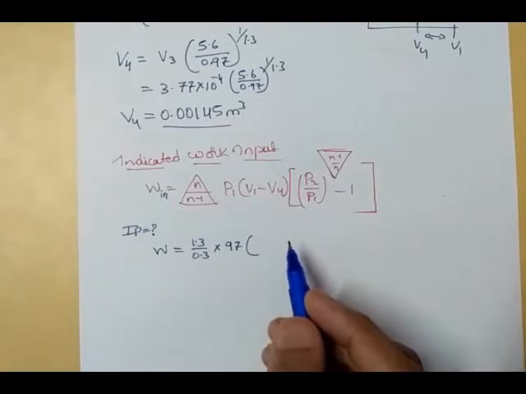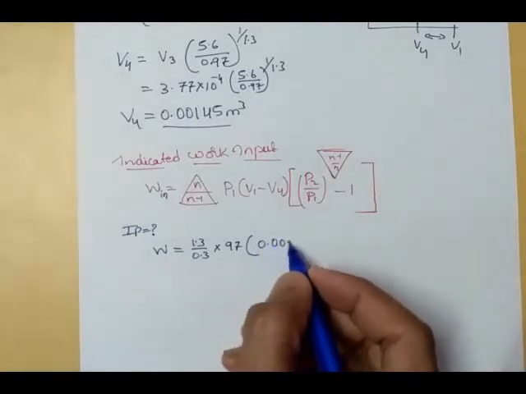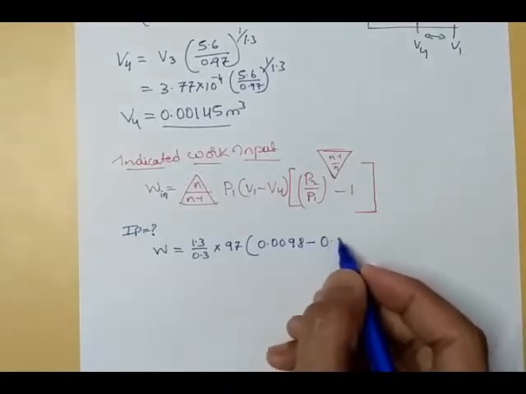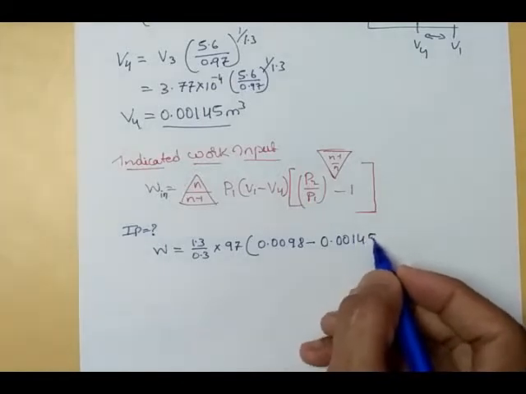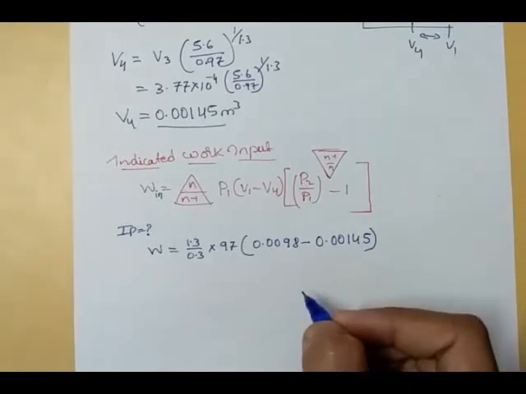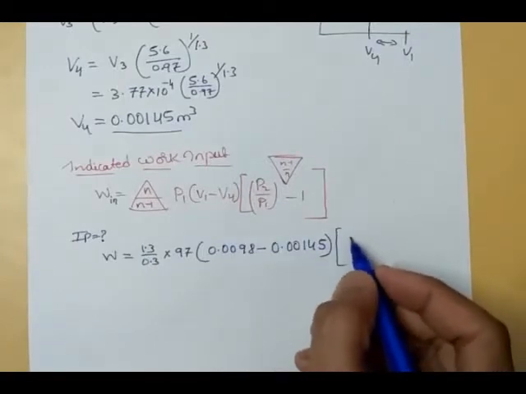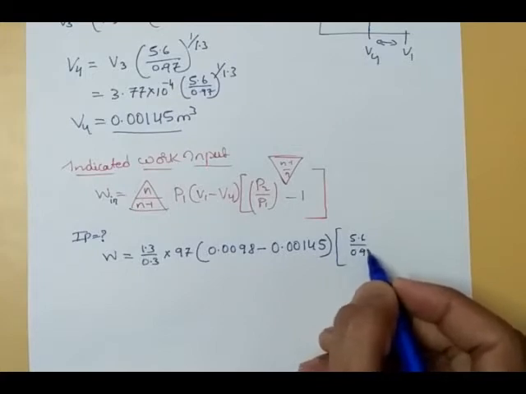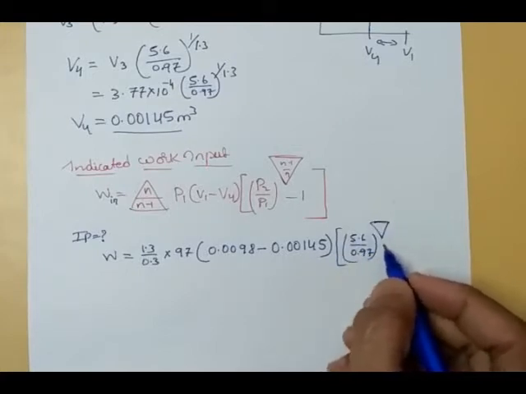If we substitute V1 minus V4, that is 0.0098 minus 0.00145, then here this is 5.6 by 0.97 minus 1.